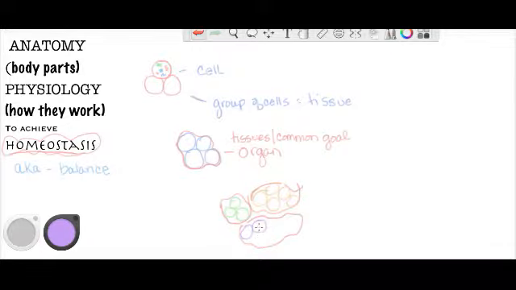And once we get groups of organs together that are all working towards a common good, that is referred to as the organism. So when we think about our bodies, we know that we have tons of cells, tissues, organs, and all of them comprised together are going to equal the organism, or in our case, human beings.